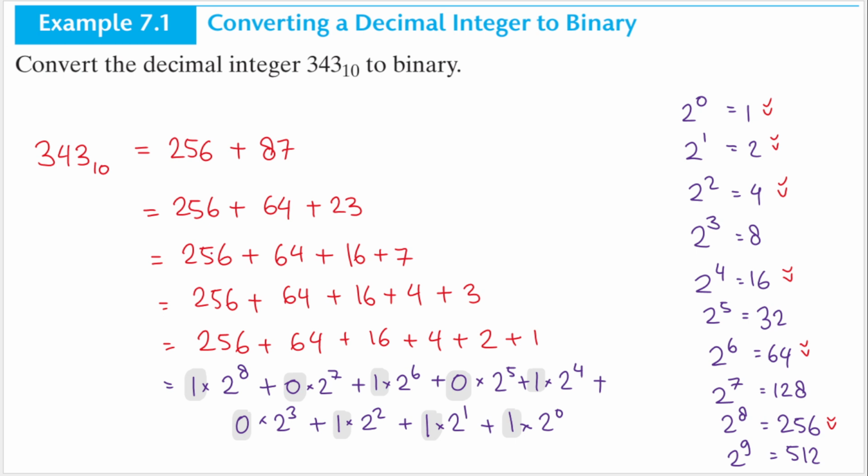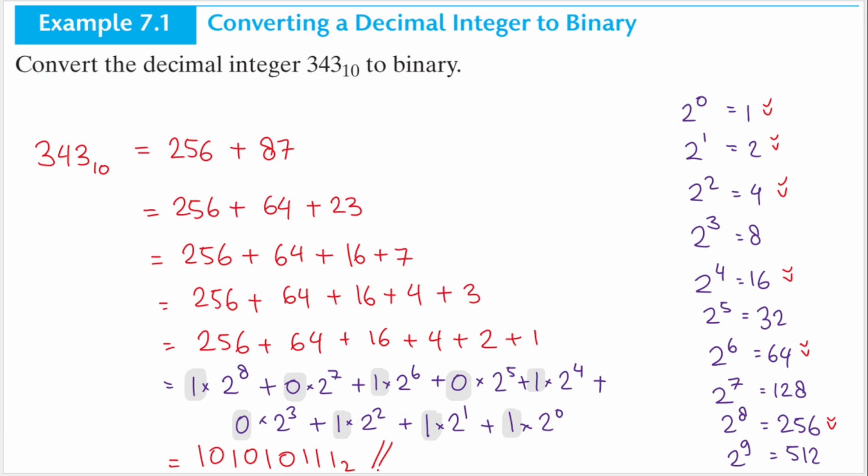So the final binary representation of 343 is 1 0 1 0 1 0 1 1 1. This is all there, right? And the base will be 2. Okay, and this is the final number. This is the first method.